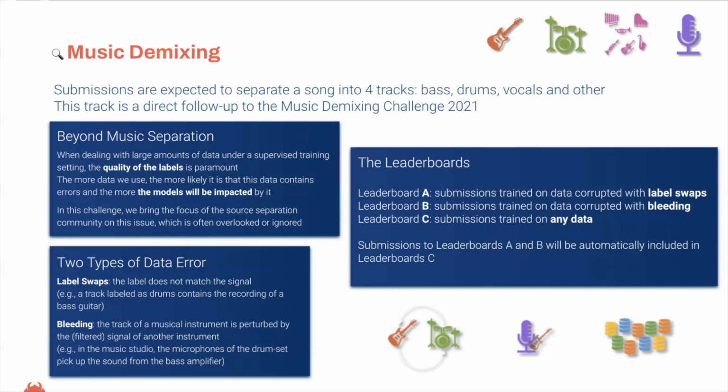This time, though, while in the music demixing challenge in 2021 we had 2 leaderboards where the only distinction between the 2 was the amount of training data allowed for those submissions, we now go beyond the standard formulation for music source separation and focus on the issue of robust music separation. By robust, we mean that the models that the participants train are supposed to be able to be trained even with data that contains some errors.